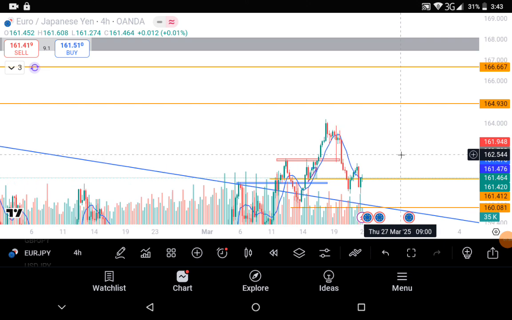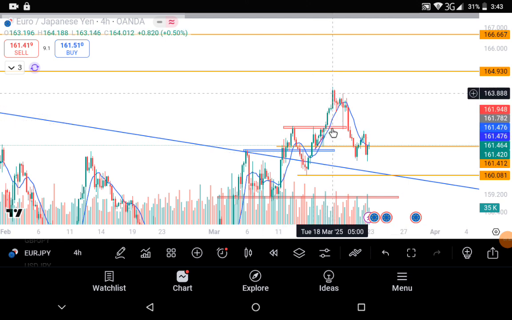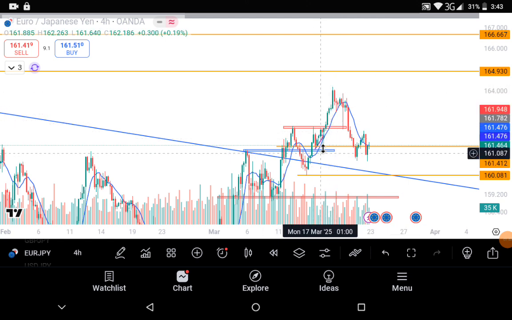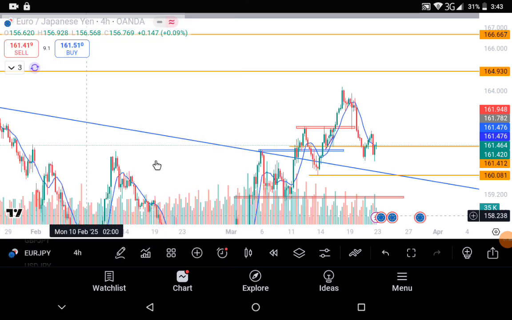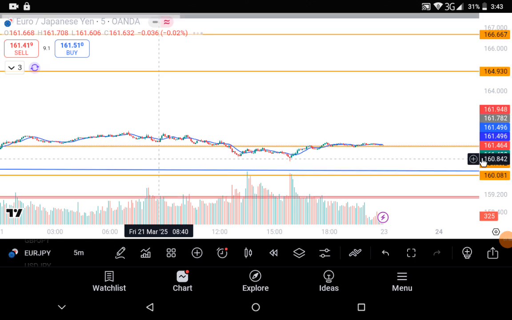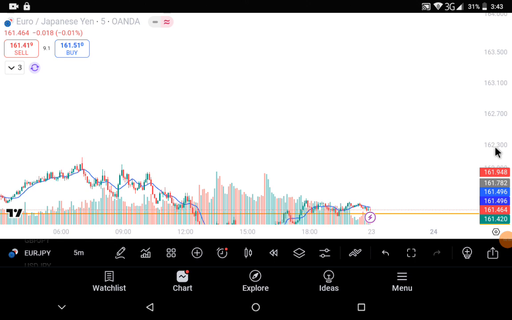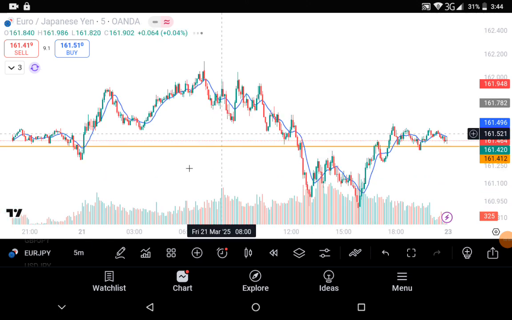We're looking at buying this pair from around here all the way up. But this trade last week was a loss for me because I was not patient enough. I wasn't patient enough to wait for the market to actually get to my setup. I was too hasty and I joined the wrong move, and I got stopped out. That was not actually my setup.